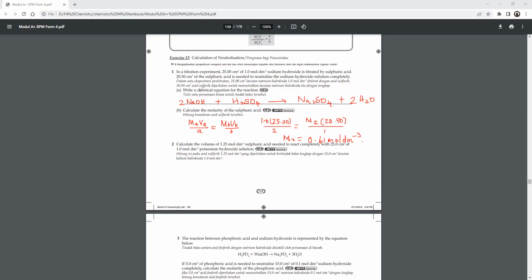The equation is here already. So you go straight to the formula. I help you. You do MaVa over a is equal to MbVb over b. Give me your answer.